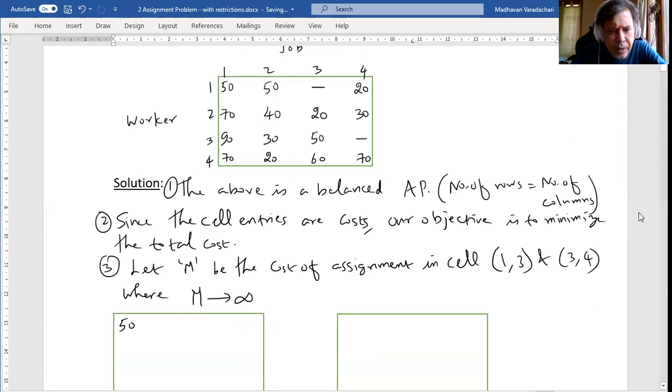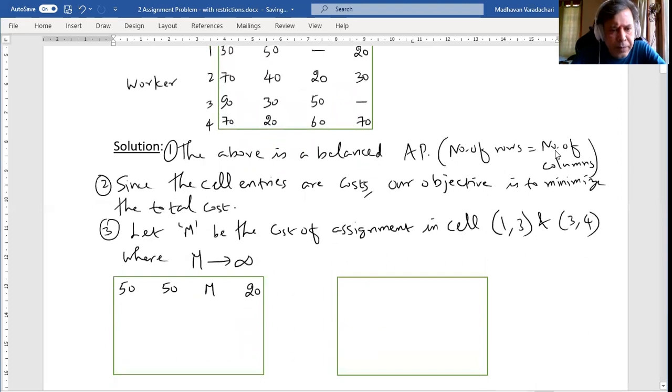50, again 50. Here it will be capital M, here it will be 20. Then 70, 40, 20, 30, 90, 30, 50. Again M, 70. Why am I using M?